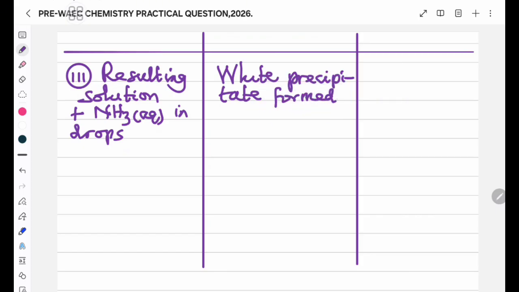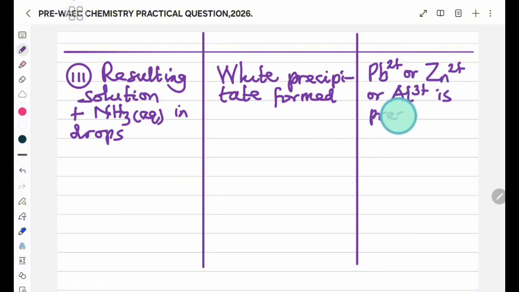And what are the ions? The three ions still give the same positive results. Either this, or aluminum ion is likely present. And let me also sound a note of warning here. Whenever you are writing your inference, don't forget that the positive ion we are expecting should be one, because it's a simple inorganic salt.